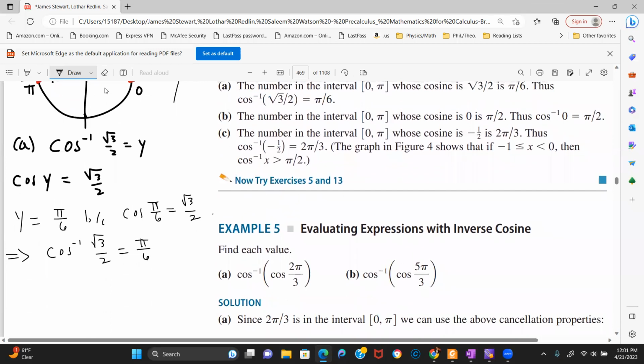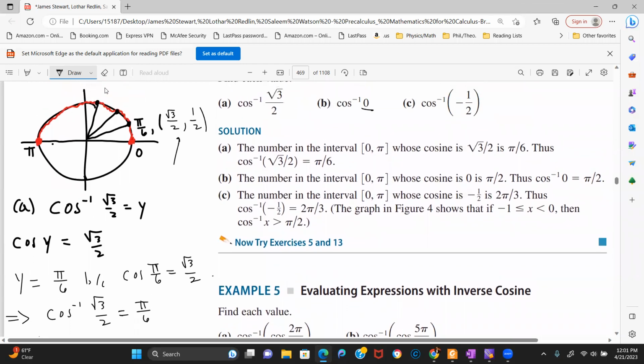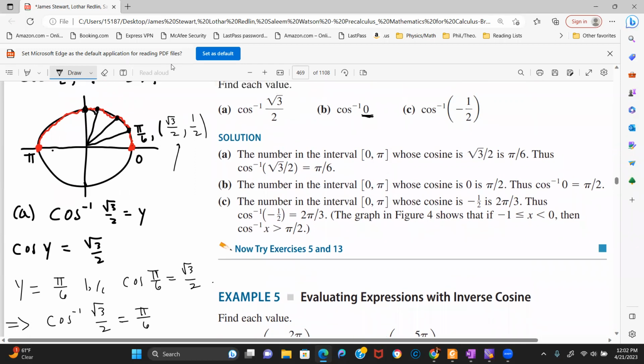All right, so for B, that one's kind of easy actually. This is one of the easier ones. We want to do cosine inverse of 0. So in other words, we're talking about an x coordinate being 0, and we want to know the associated arc length. Well, that one's easy to determine. It's this point right here.